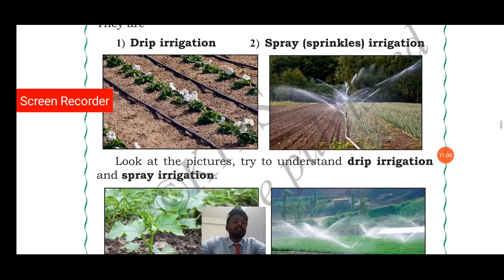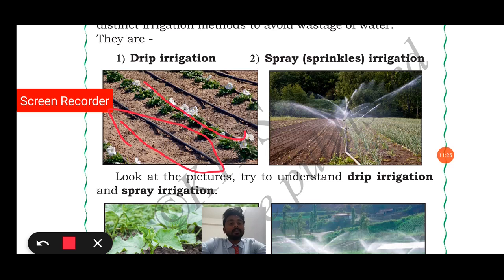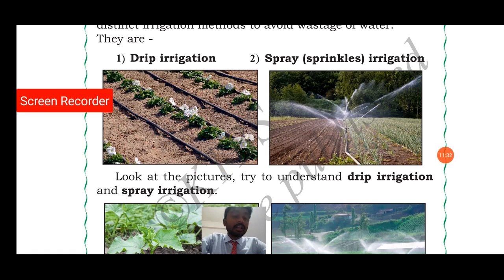Okay, look at the pictures. Try to understand drip irrigation and spray irrigation. Drip irrigation means the water flows through the drip pipe. At that time the water falls on the earth, supplied directly to the crop roots.